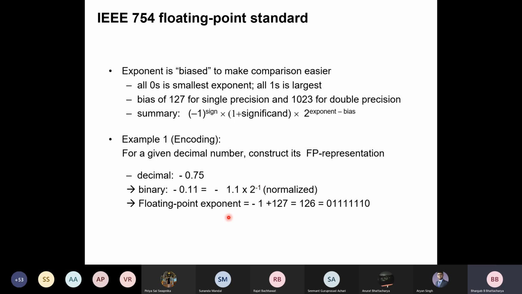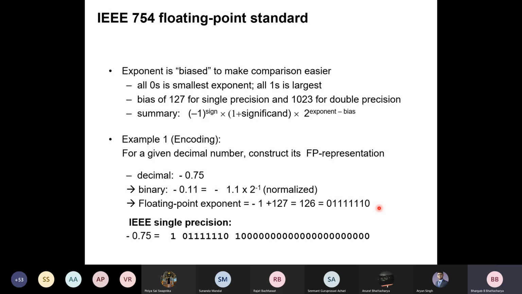The floating point exponent should be excess 127 biased. So I add: minus 1 plus 127 means 126. In binary, this becomes this string. In 8-bit binary, this is represented as this, right? So what will be my representation in IEEE single precision?